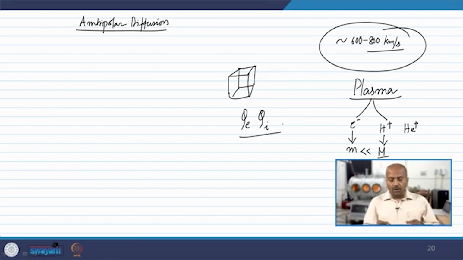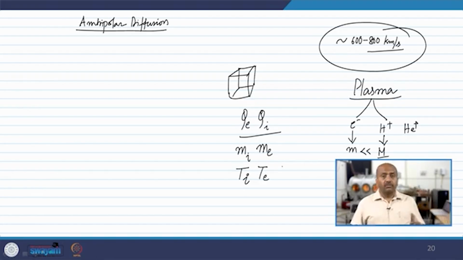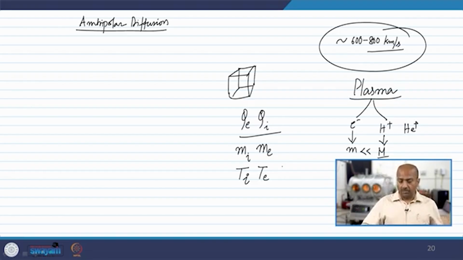Now, obviously, in order to make a difference between the heavier mass and lighter mass, let us also bring in all other variables, me and mi, the masses of electron and ion. Since we are used to using the notation of temperature being different for electrons and ions, the temperature difference makes more sense in a diffused plasma or in a weaker plasma, right.